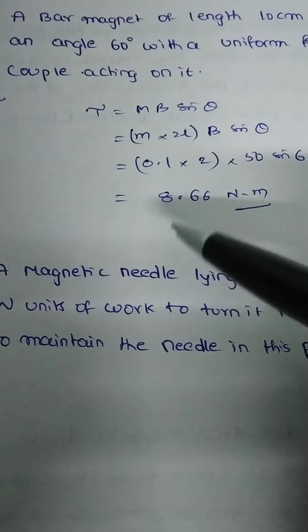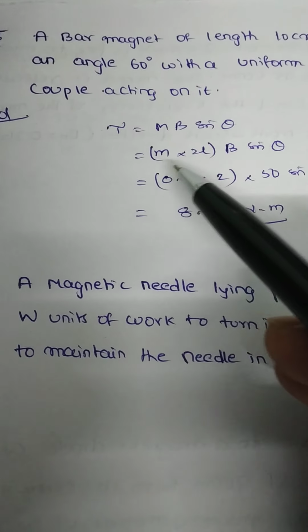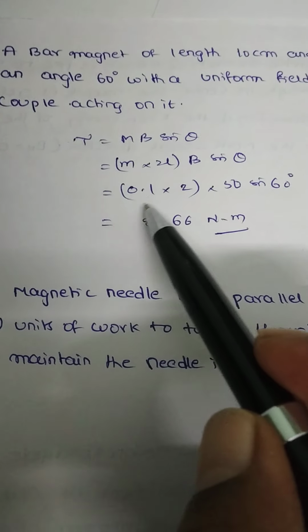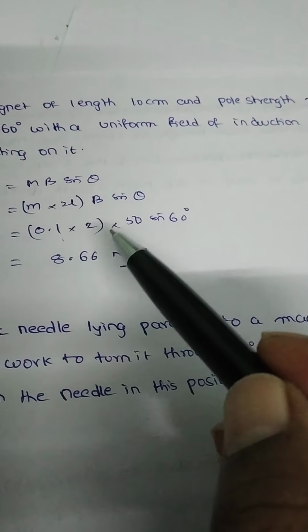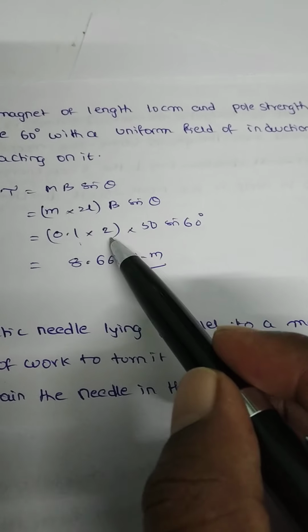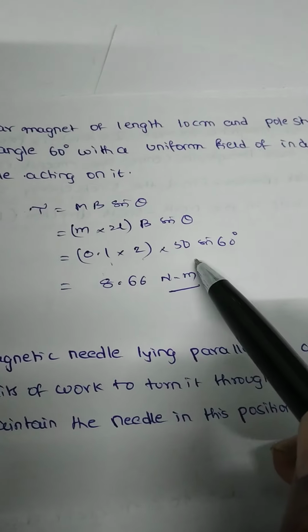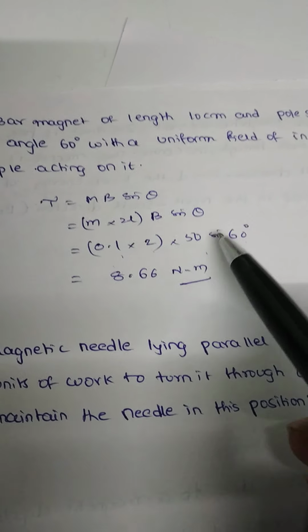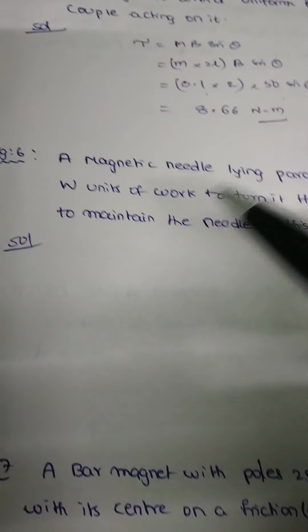This is the direct formula: tau is equal to MB sin theta. Capital M equal to small m into 2L, into B sin theta. Pole strength is 2 ampere meter. Length of the magnet is 10 centimeters, means 0.1 meter. B is equal to 50 Tesla, sin 60 degrees. On solving it, it is 8.66 Newton meter.